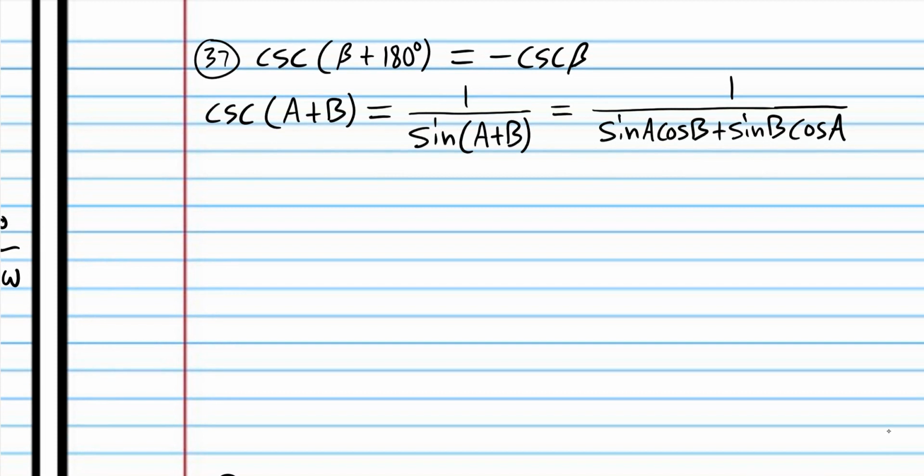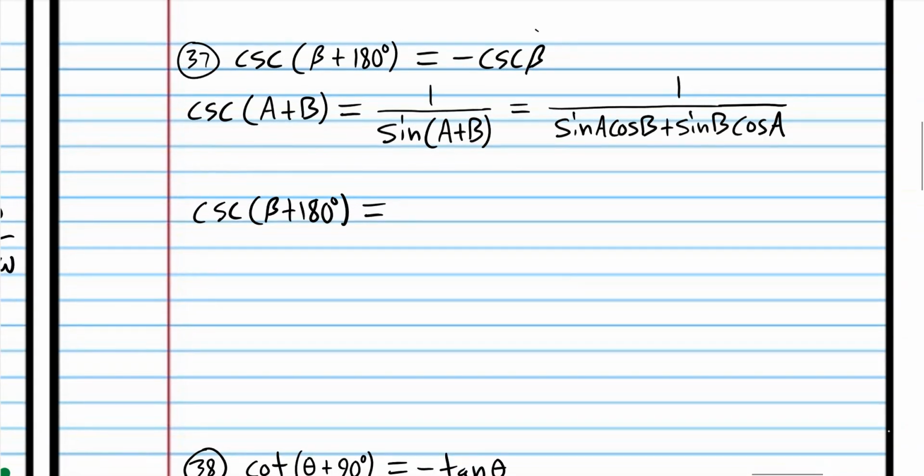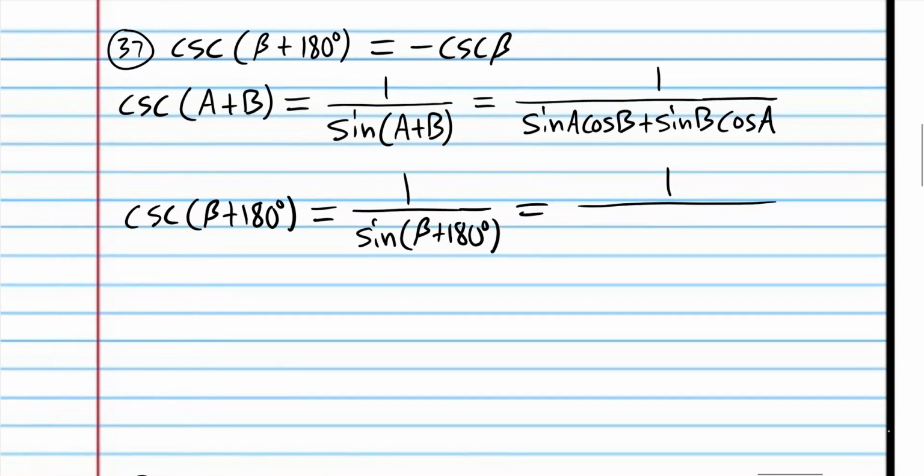So we want to find cosecant of beta plus 180 degrees, and let's say that we forgot what that is. Let's say that we don't know it's negative cosecant beta. So we're going to use a reciprocal identity, and then we're going to use the sum formula for the sine function.